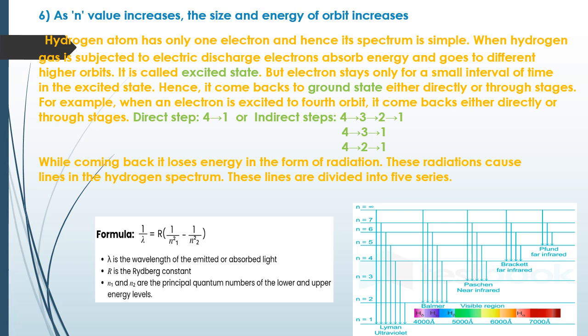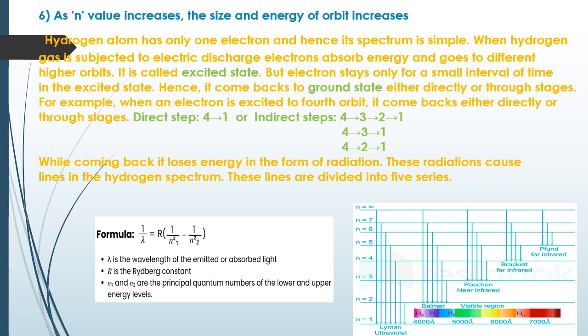In the Brackett series, the electron jumps from a higher orbit to the fourth orbit, in the middle infrared region. In the case of Pfund, the electron jumps from a higher orbit to the fifth orbit, in the far infrared region. These are the 5 series of spectral lines formed.